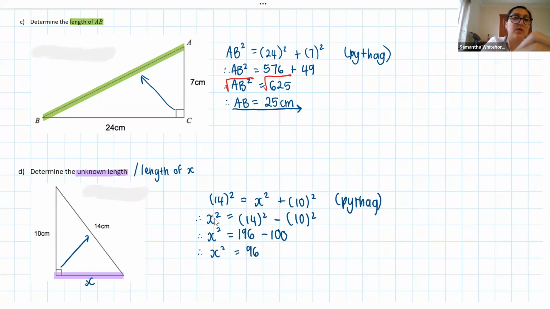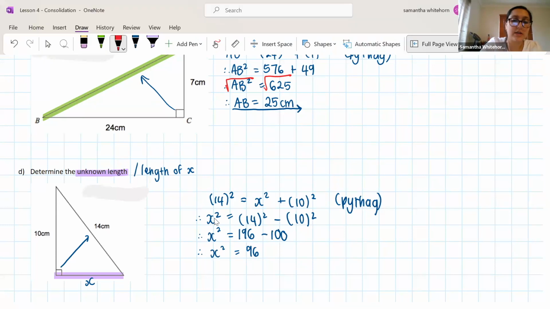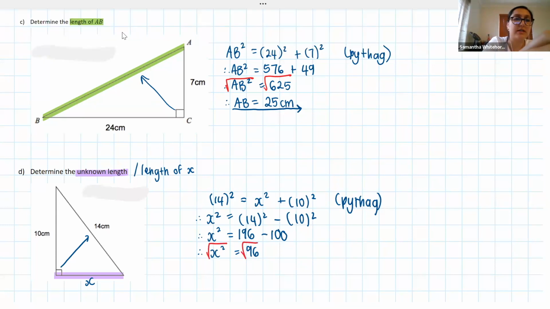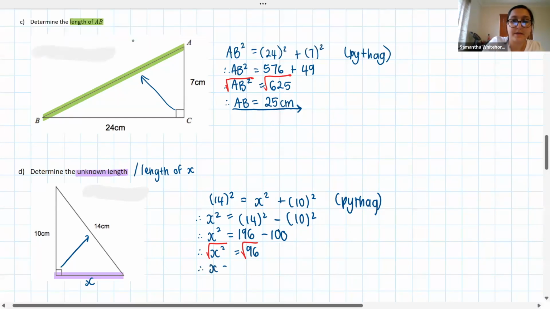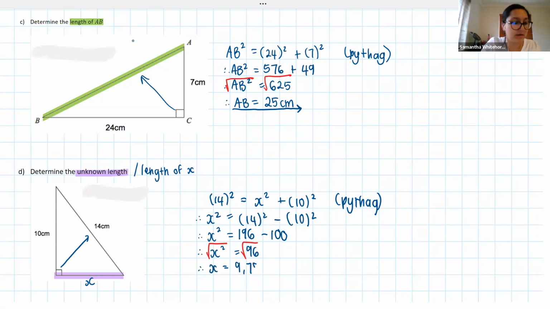Now remember, I don't want x squared, I want x. We're going to have to square root both sides of our equation in order to get x alone. And square root of 96 is equal to 9,79795888888971.